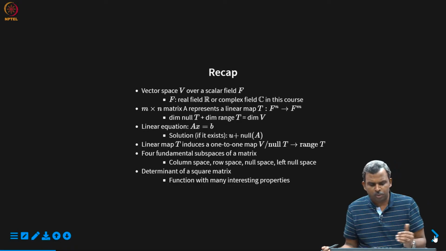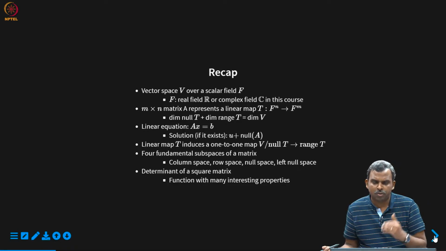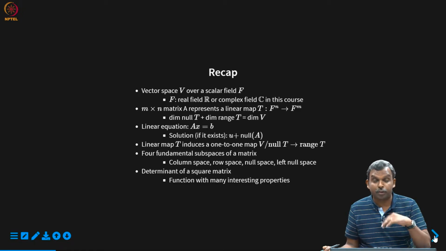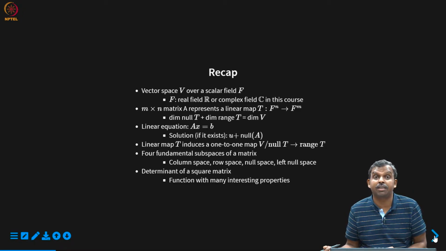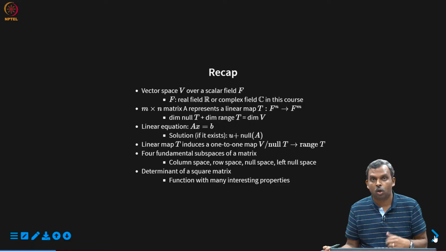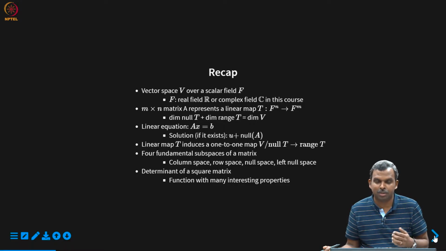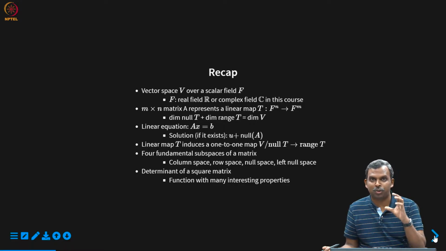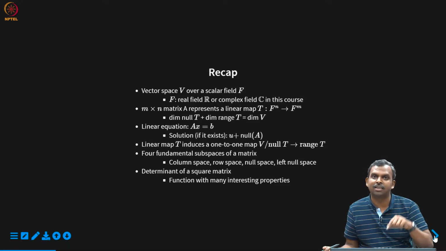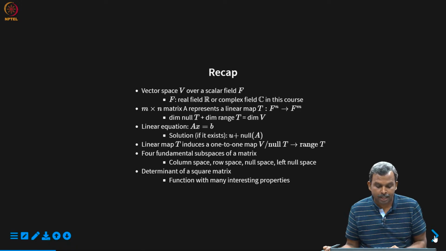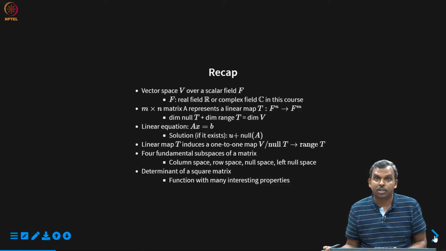We've been looking at a whole bunch of ideas, and in the last couple of lectures we saw this notion of different subspaces associated with the matrix, the four fundamental subspaces: column space, row space, null space, left null space, and all of these things are very important. So when you see a matrix, you should think of all these, and they tell you a lot about the linear map that it represents. And the determinant of a square matrix, we saw that function in the previous lecture.